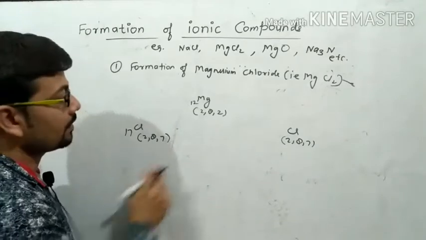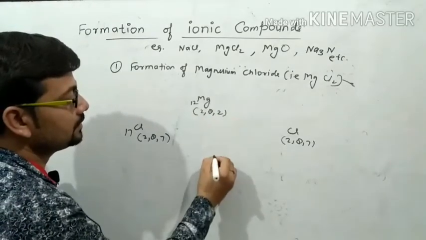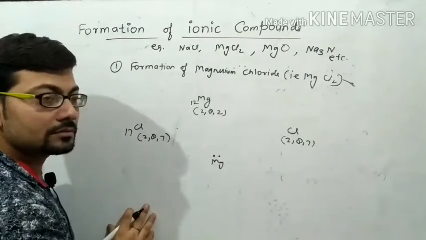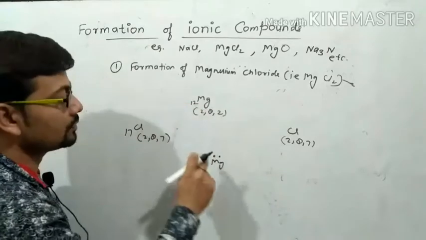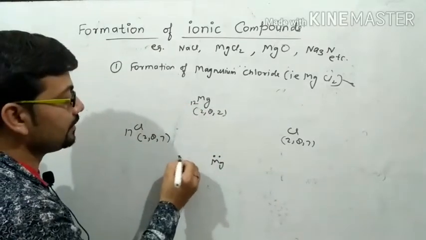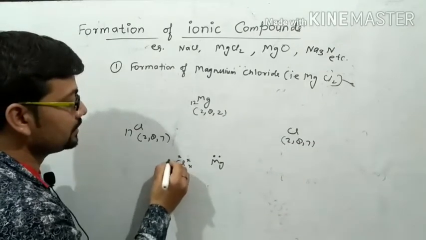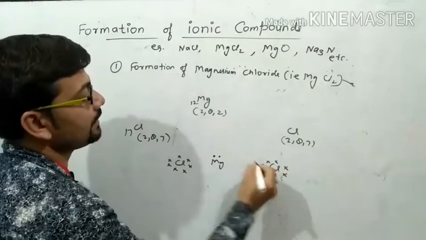So here magnesium is represented by 2 electrons because it has 2 outermost electrons. So this is the Lewis dot structure. Similarly, chlorine has 7 electrons, 1, 2, 3, 4, 5, 6, 7. Similarly, 1, 2, 3, 4, 5, 6, 7.